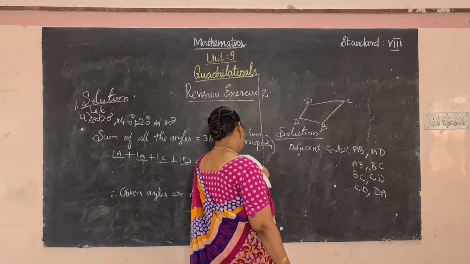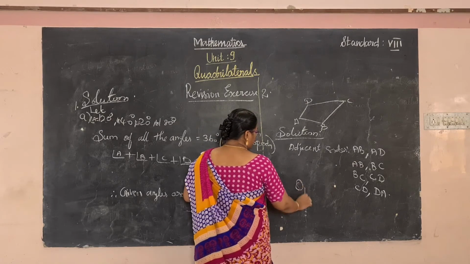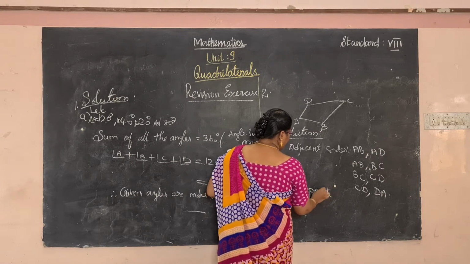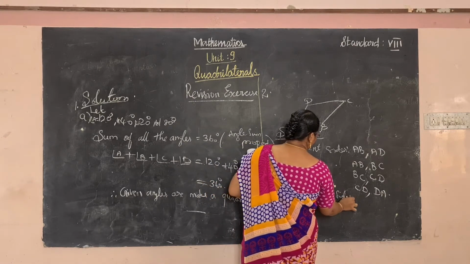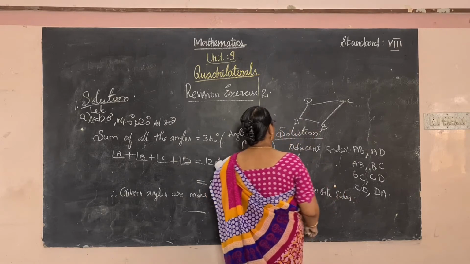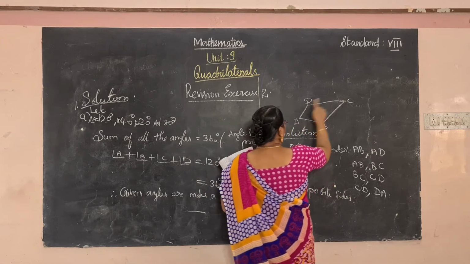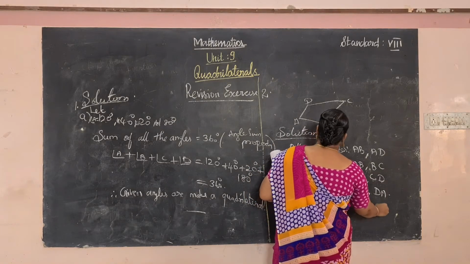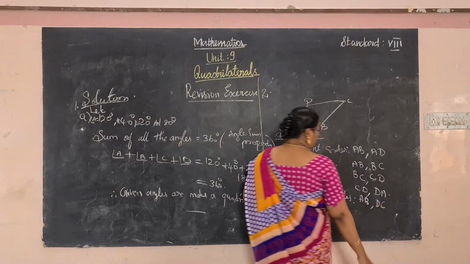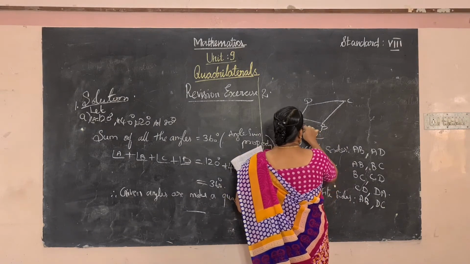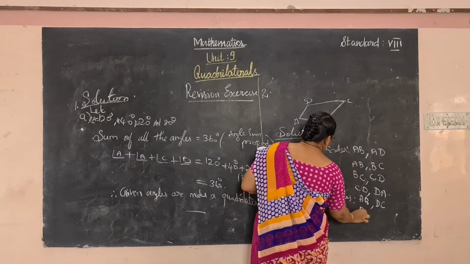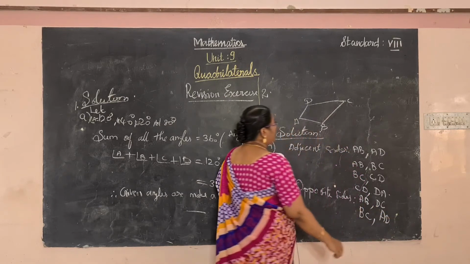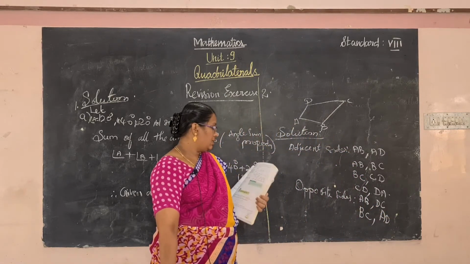And next we have to write the opposite sides. So what are the opposite sides? AB and DC are opposite sides. And next one, BC and AD are opposite sides. That's all.